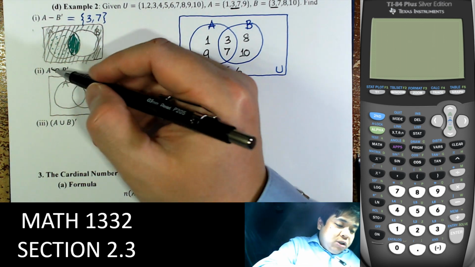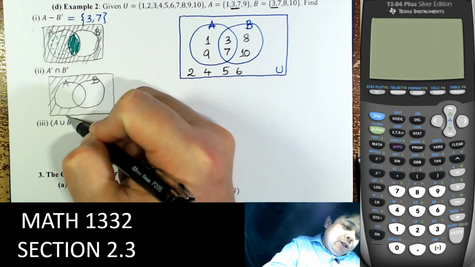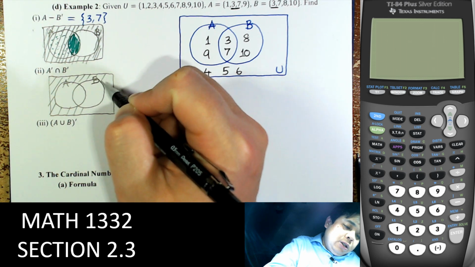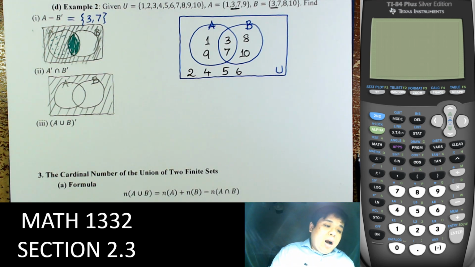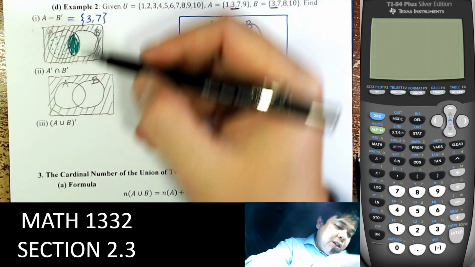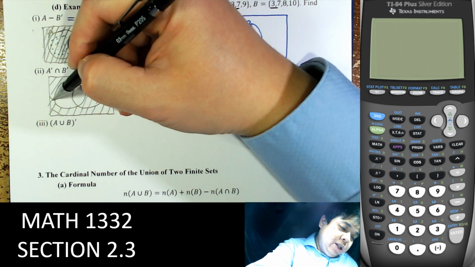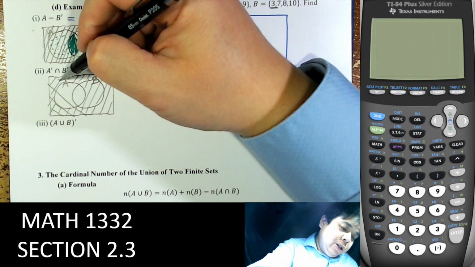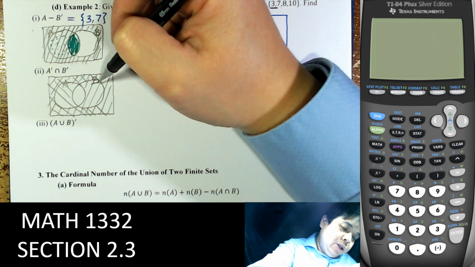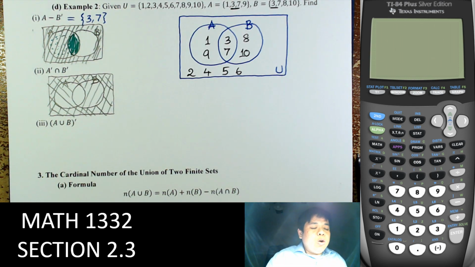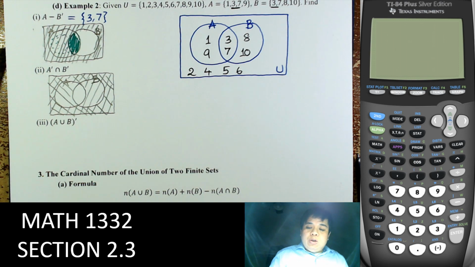So first, outside of A, the complement of A. And then the complement of B will be just outside B. So we see the part that is overlapping of the two is just outside of A and B. So that will be 2, 4, 5, and 6.